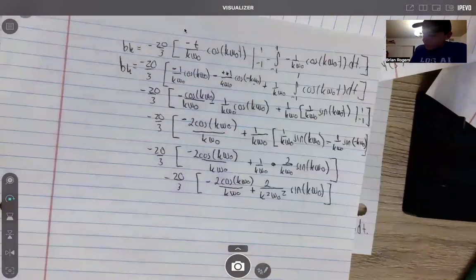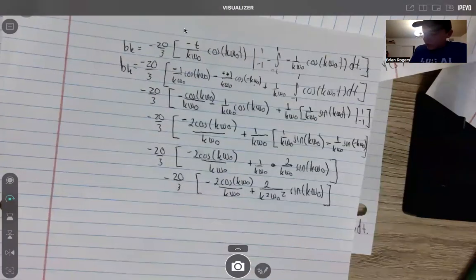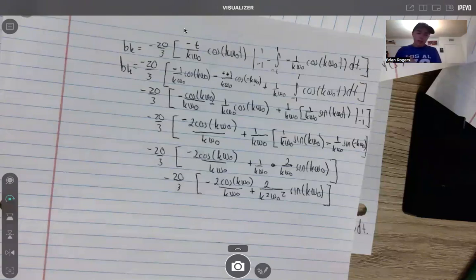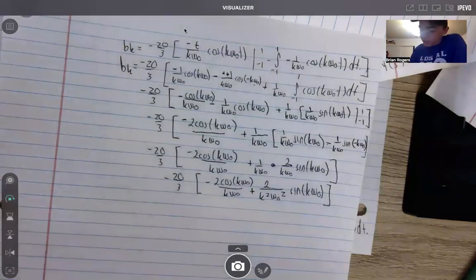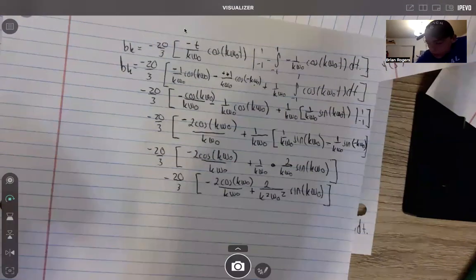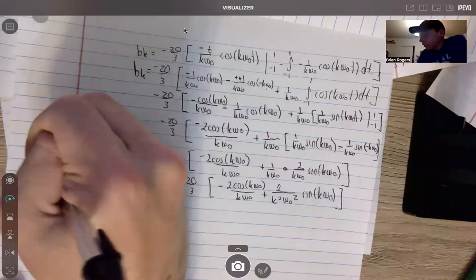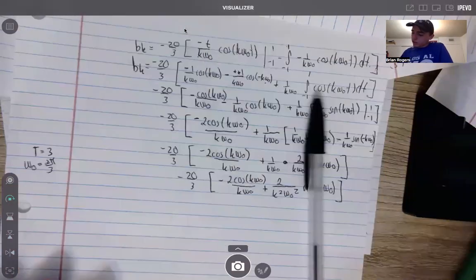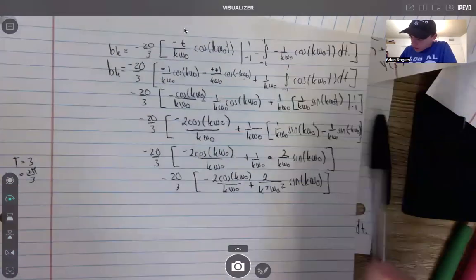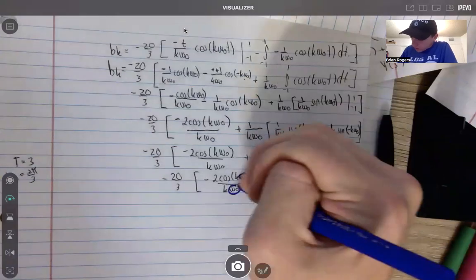Now if we remember what our omega naught is, remember our period, and write this on the side, was 3. So omega naught will equal 2 pi over 3. Therefore we can plug it in here, here, here, and here.